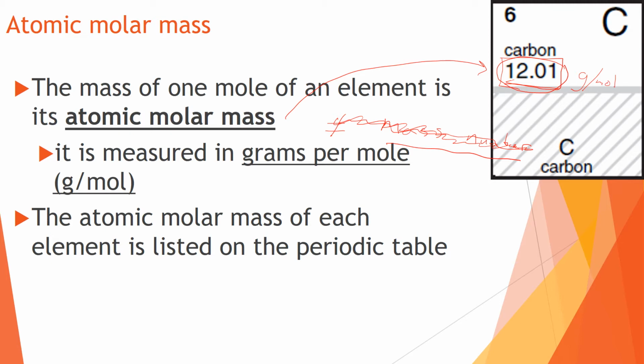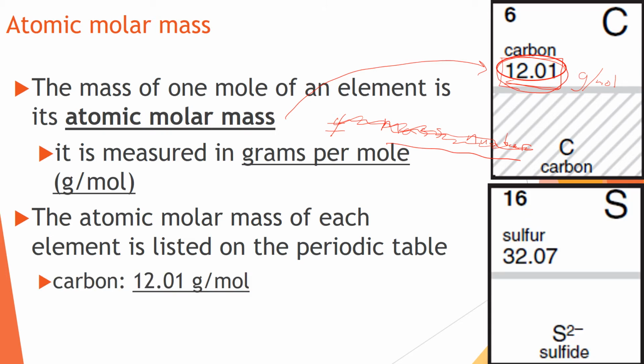So if we had 6.02 times 10 to the 23rd atoms of carbon, that's a mole of carbon, and that would equal 12.01 grams. For every 12.01 grams we have of carbon, we have 1 mole of that substance. Now sulfur: carbon has 6 protons and 6 neutrons, sulfur has 16 protons and 16 neutrons, so it's obviously going to be bigger.